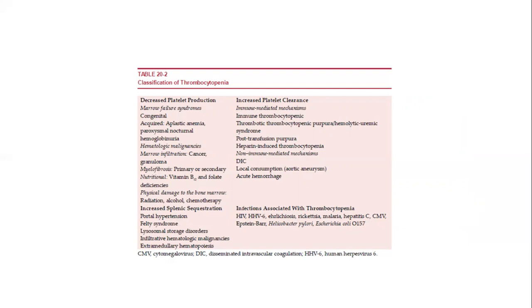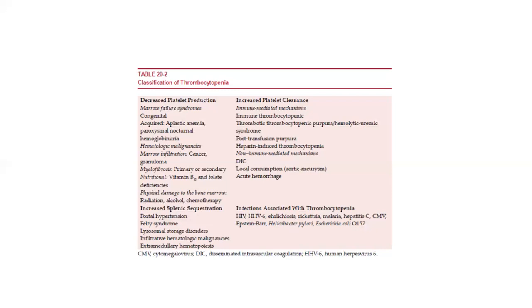It includes either marrow infiltration like cancer, granuloma, then myelofibrosis, then vitamin B12 or folate deficiencies. Then can be due to physical damage to the bone marrow, as in radiation, or due to alcohol, or due to chemotherapy.